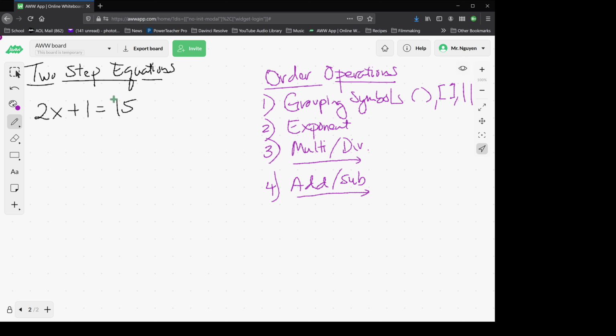Why is this important when we're trying to solve two-step equations? Well, because we have two different operations here, one multiplication, one addition, we have to figure out which one of these we want to undo first in order to get the correct answer. Now, the order of operations basically says you do it in this order. But if you're trying to solve an equation, you actually have to work this backwards.